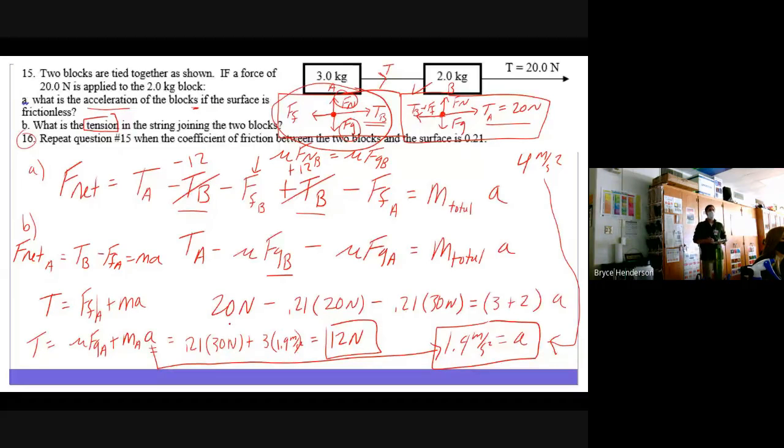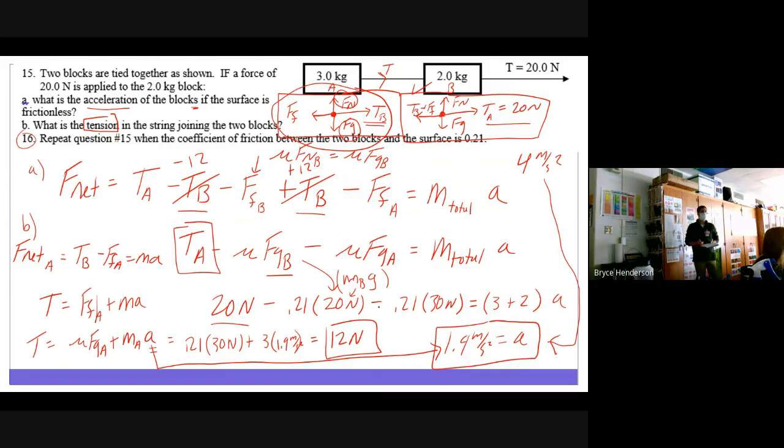This is the applied tension. Oh, Fg, this is mass times gravity. So mass of block B times 10. Yeah, mass of B times gravity. That would be 2 times 10.